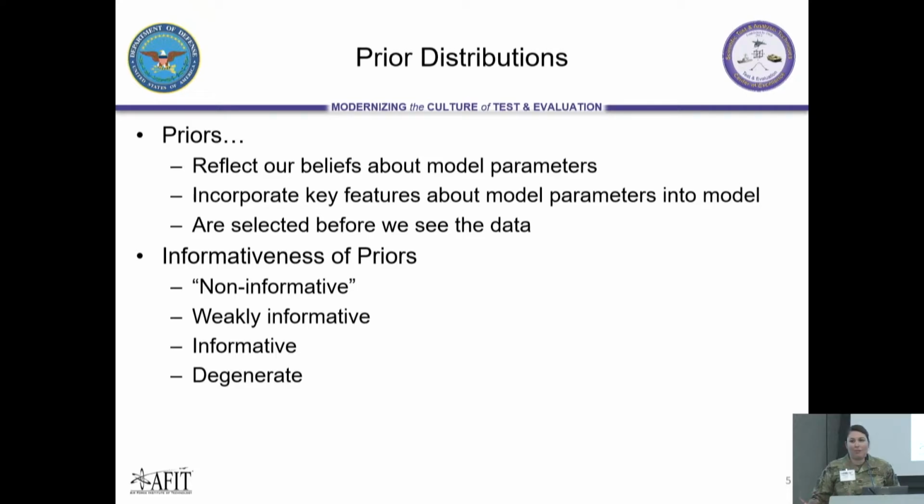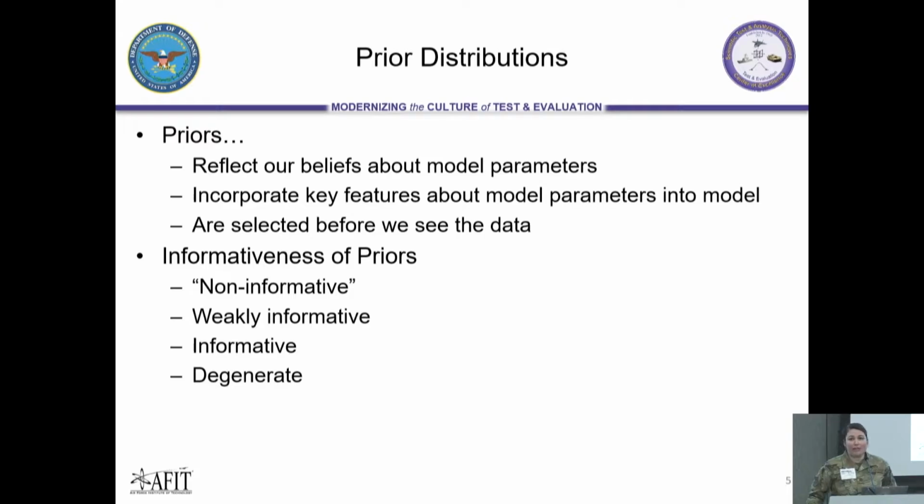These key features of information can be incorporated into our analysis to give us a better understanding of system performance before we go into test, that we can then update to get better information on the outside of test. We can reduce the uncertainty we have in system performance through the use of these priors, combining that with our current information.